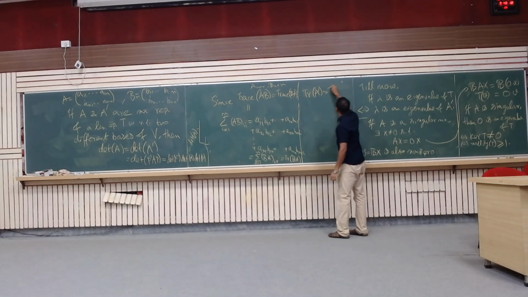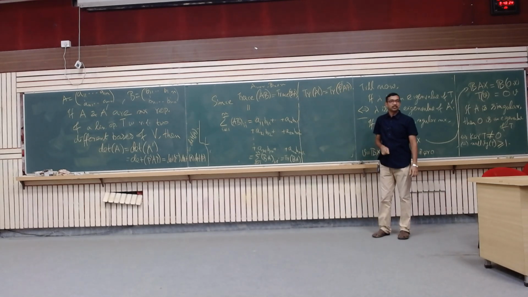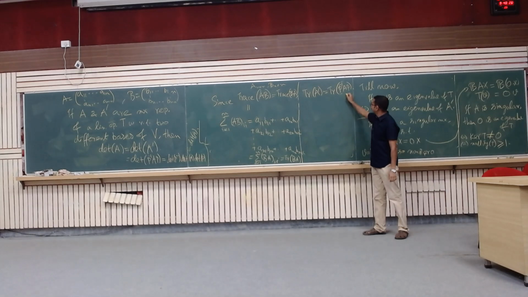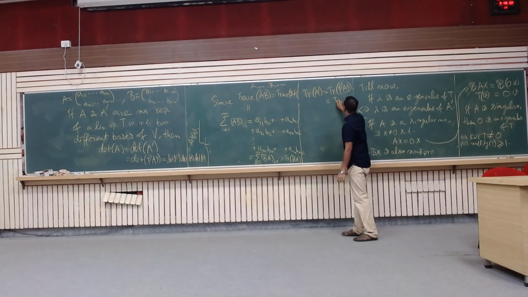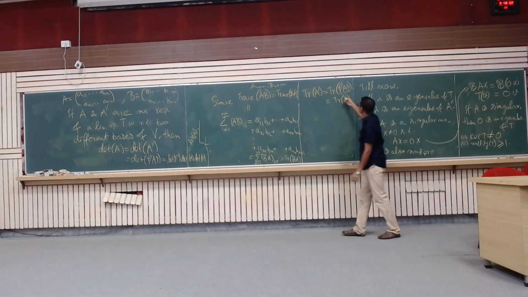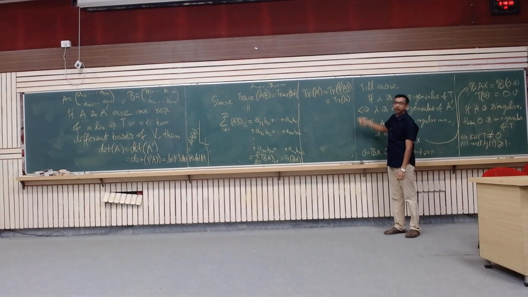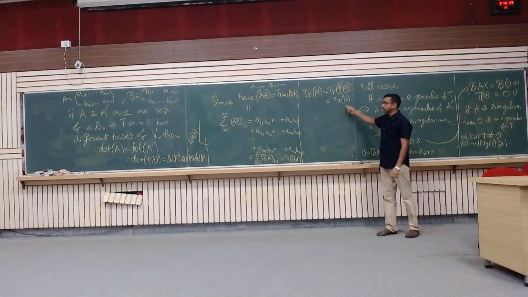What is trace of A dash? It is trace of P inverse AP, right? So take this as one part, take this the other part, switch it, and you get trace of AP P inverse, and then you are getting trace of A. This is equal to trace of A.